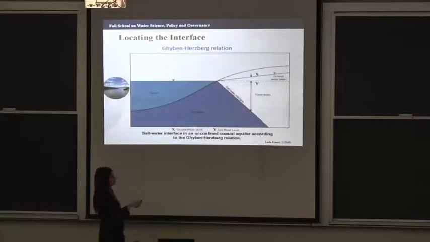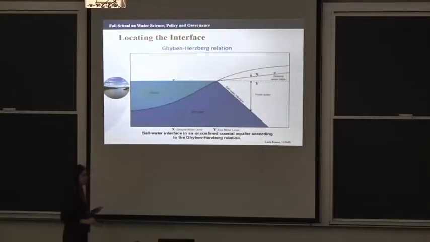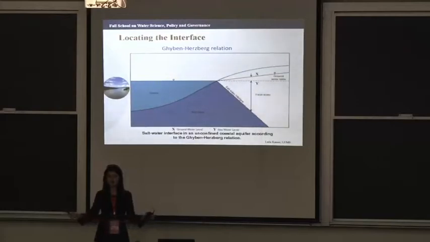If you were to measure how far this level is, you measure the ground level, and you can basically see that there's a relationship based on density difference that has been developed. If you take two pots of water, one filled with salt water and one filled with fresh water, the elevations will be different.